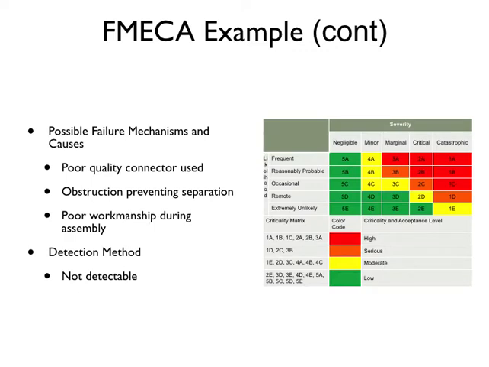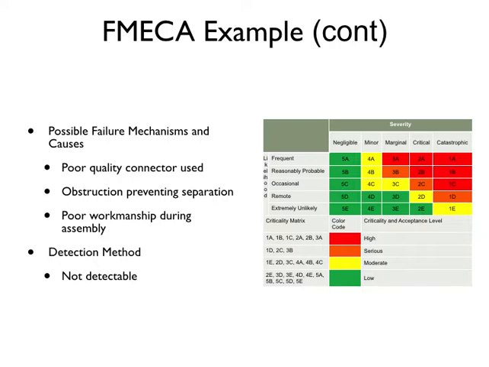The possible failure mechanisms and causes of this particular failure mode were poor quality connectors used, which happens all the time. Connectors fail a lot. Obstruction preventing separation, and poor workmanship during assembly, which again is something that happens a lot.